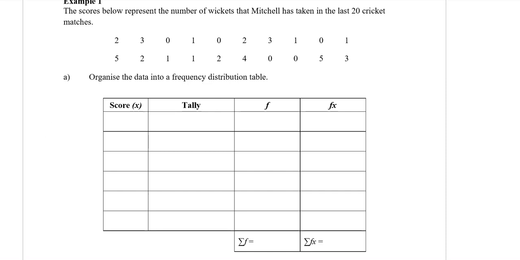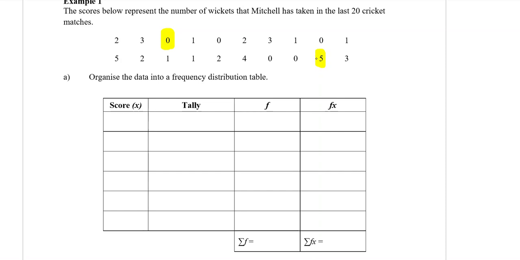What you need to do is look through all of your raw data up the top, and find your lowest score and your highest score. The smallest number that I can see in there is 0. That means the biggest number would be 5. I don't think there's anything bigger than that, is there?